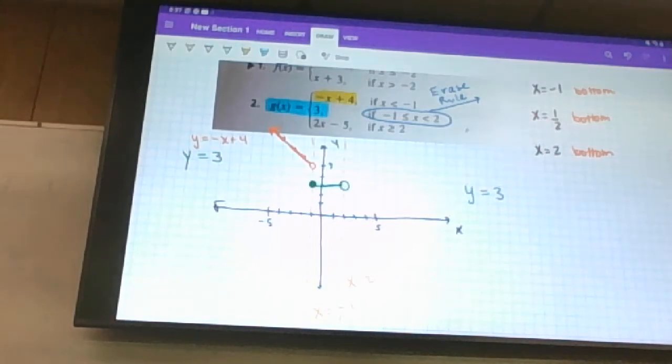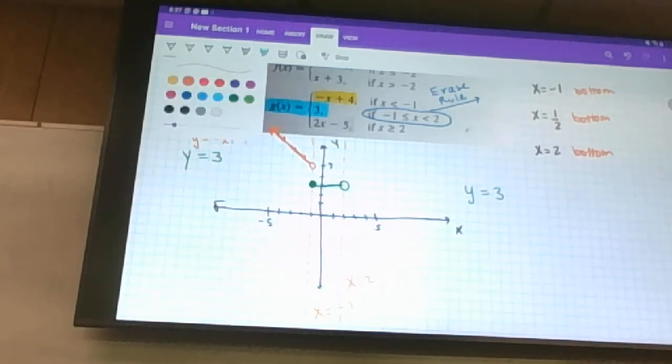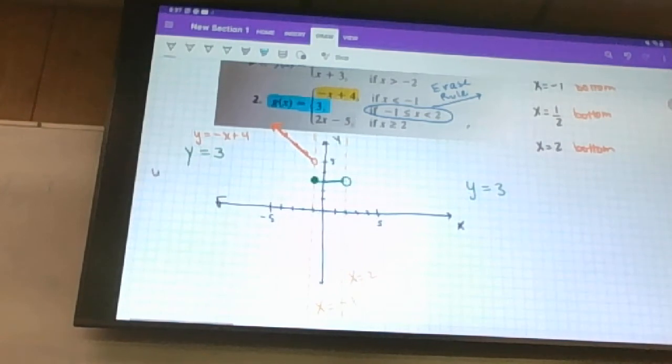Ready for the third equation? Let's see a little thumbs up if you're ready for number 3. All right, number 3: y equals 2x minus 5. Maybe I'll let you do that in your groups.